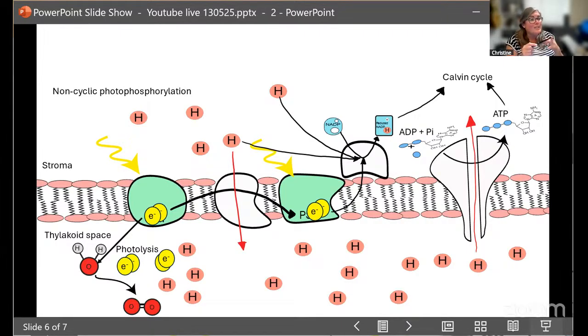Your QRS complex is your ventricular depolarization. And your T wave is your ventricular repolarization. Now, you don't see the atrial repolarization because the ventricular depolarization is greater than the atrial depolarization. So that's why we have our P wave, our QRS complex, and our T wave.